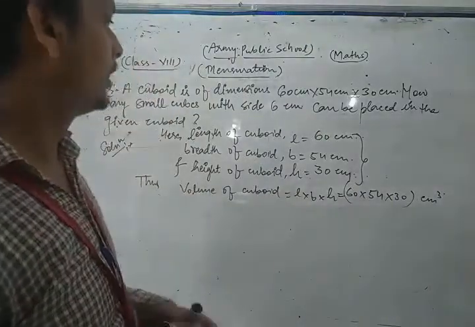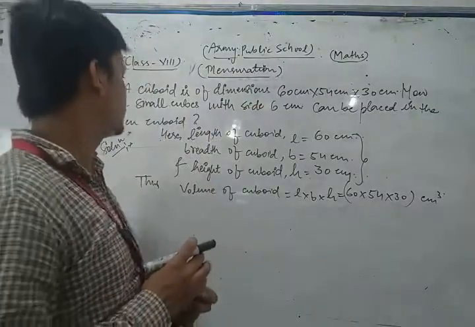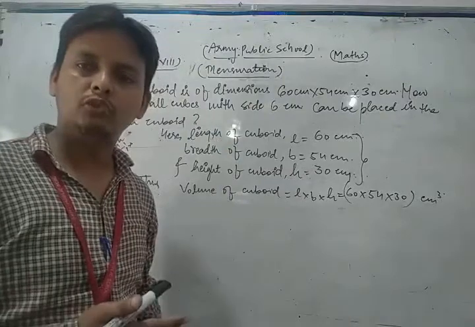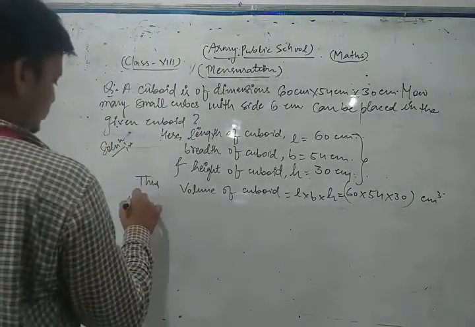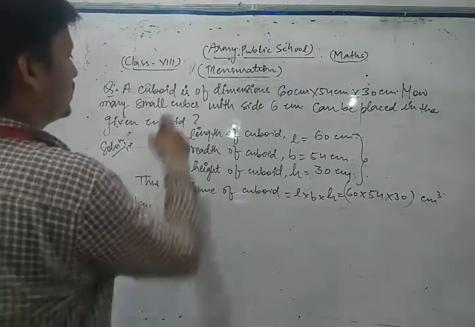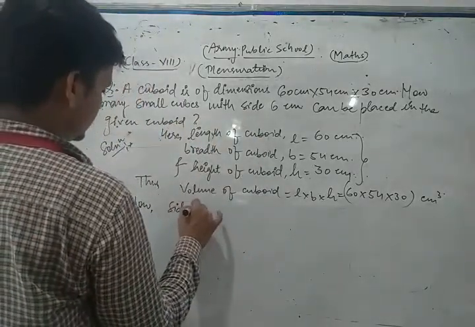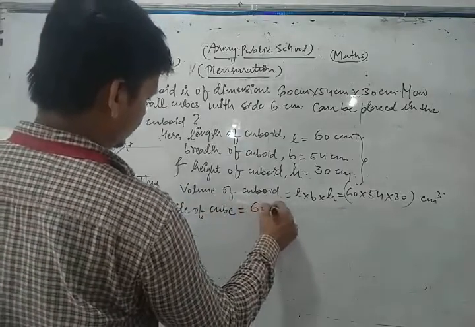So in this way, first of all, we write the volume of cuboid. Now we find what? How many small cubes with this side can be placed in the given cuboid. So now we find the volume of each cube. Now side of cube is given as 6 centimeter.